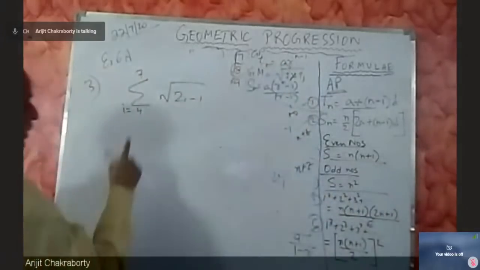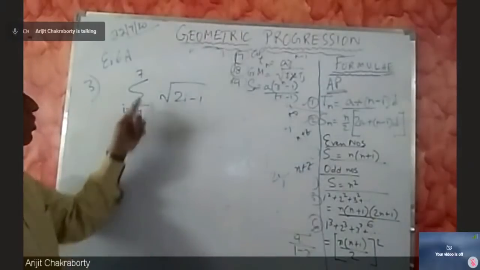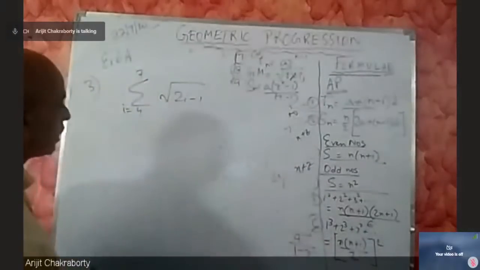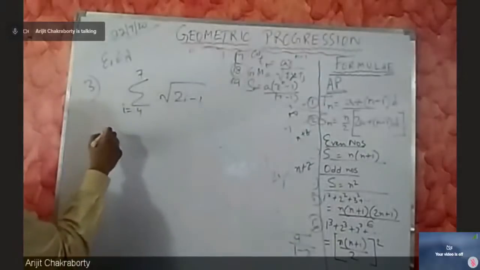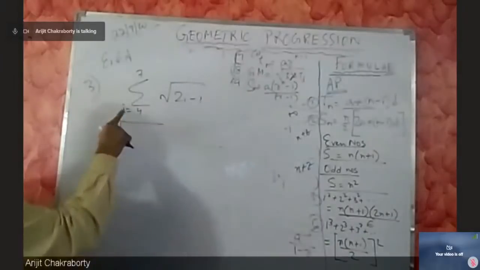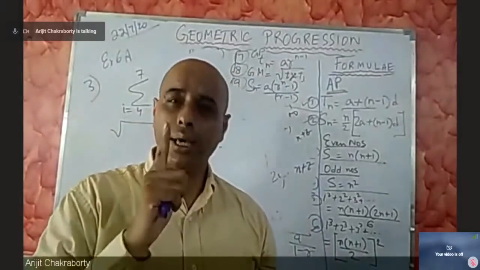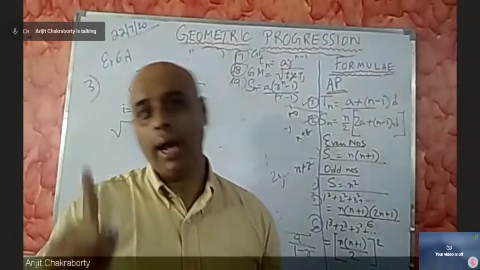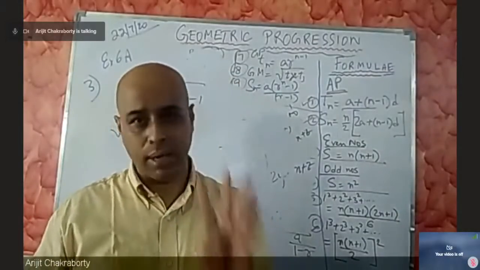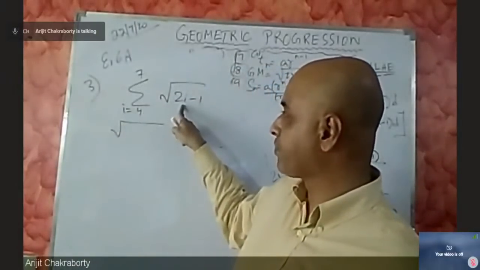So, this summation actually means what? That for i from 4 to 7 we have to add. That means the first expression will be 2 into, instead of i, the values 4 to 7. So you have to put the values i=4, 5, 6 and 7. There will be 4 numbers. So we will put i equal to 4 here first.